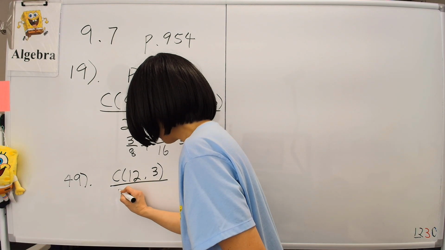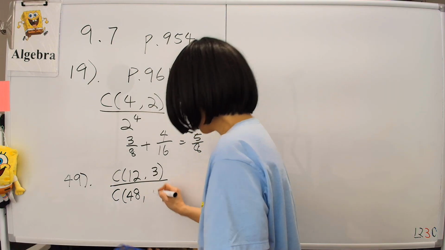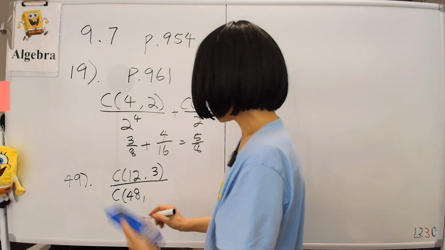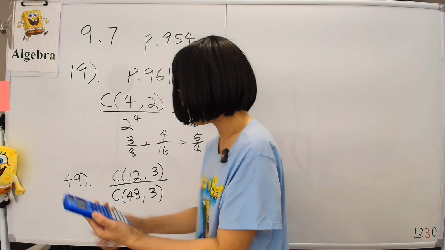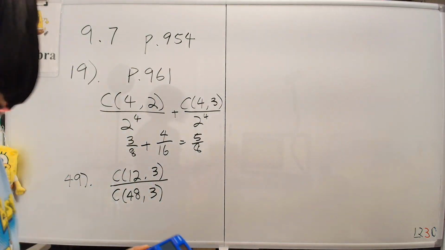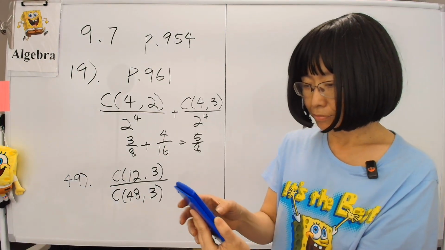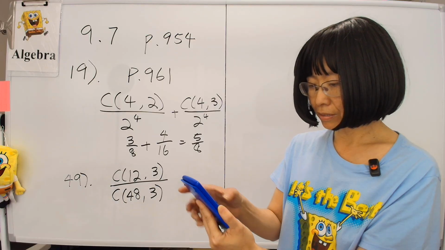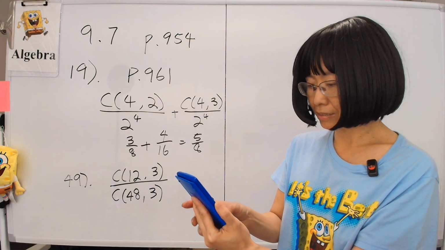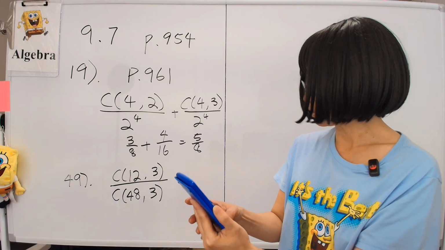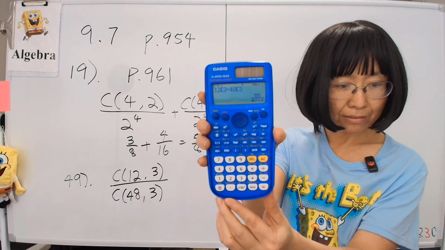There's 48 candy, and then divided by choosing 3. So that is the probability. Okay, so let's do that. So I'm going to type in 12 choose 3, divided by 48 choose 3. Okay, so that's what I have here, and let's hope that's correct.